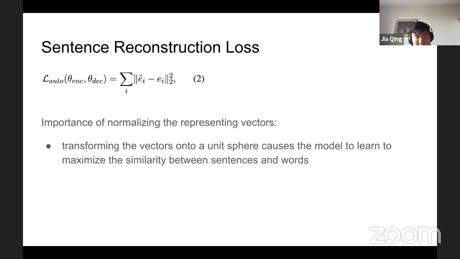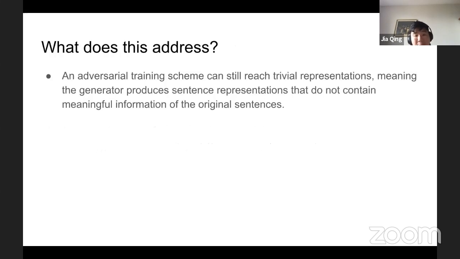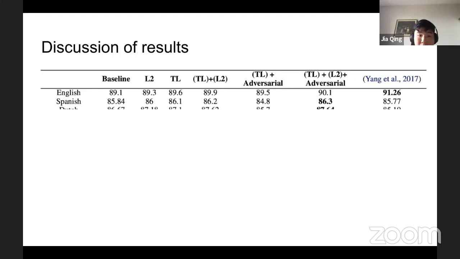So the whole intuition is that you're forcing the hidden representations to encapsulate more meaning of what the input sentence sequence was. This is what I was talking about regarding the limitation of the adversarial training scheme and what this sentence reconstruction loss is trying to address.